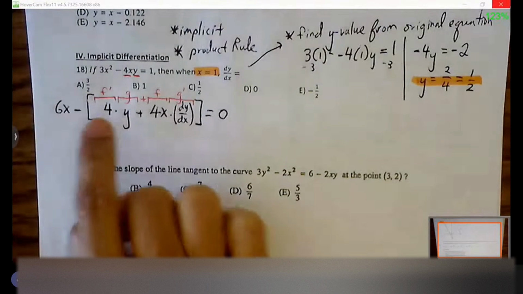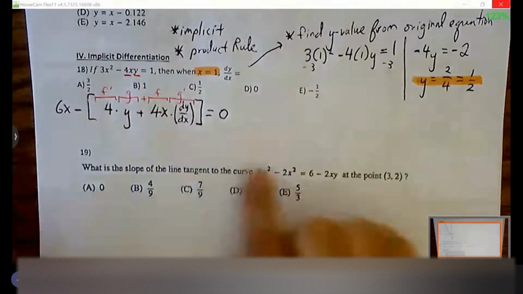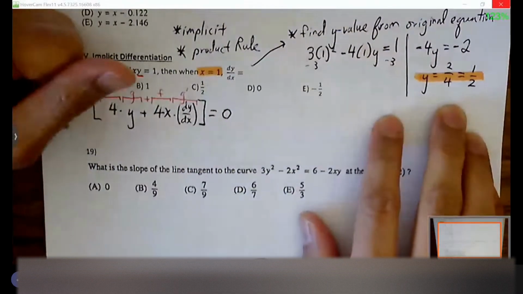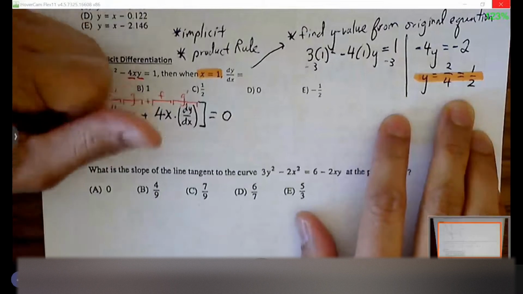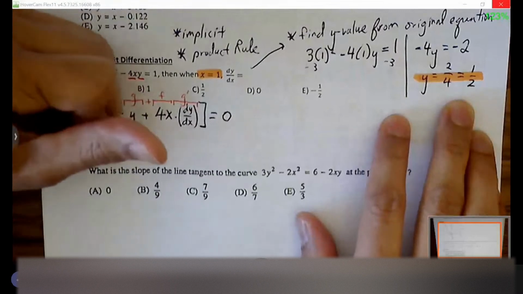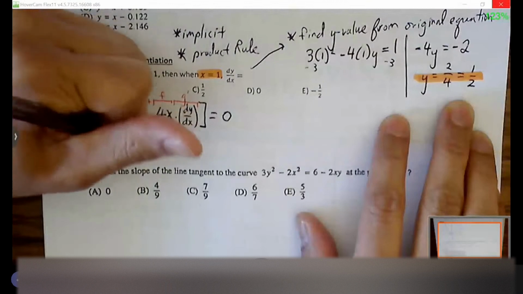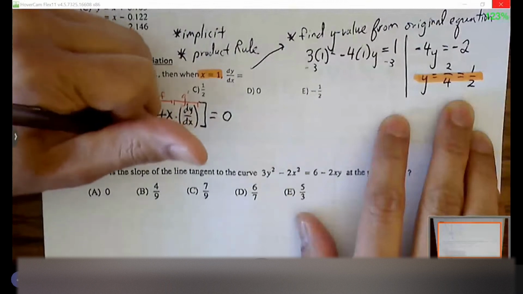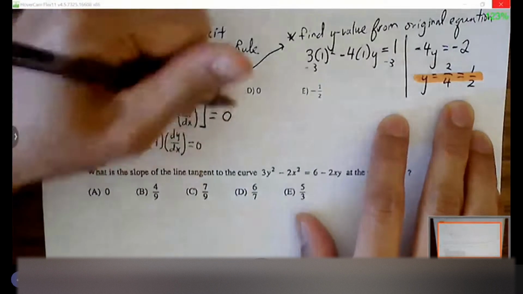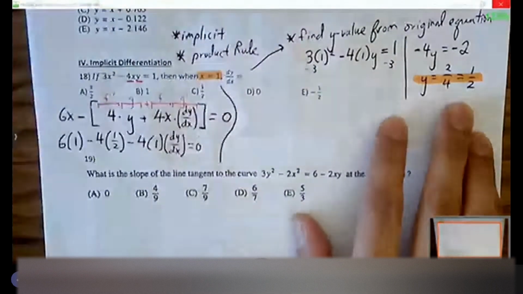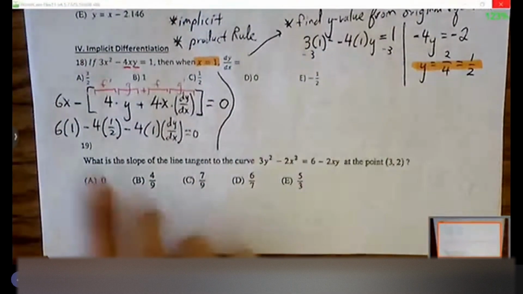And while I'm doing that, I'm also going to distribute the negative through. Combine like terms, 6 minus 2 is 4.